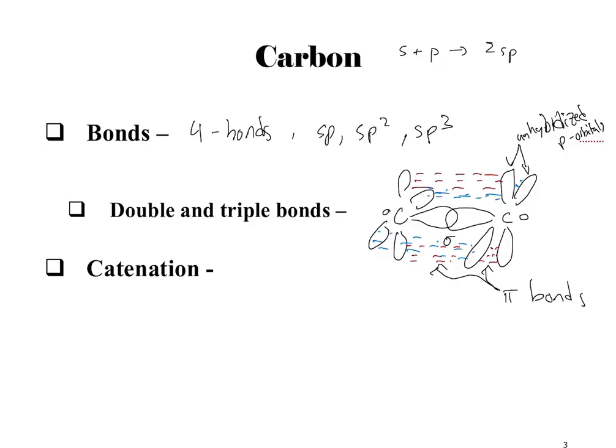Right, so this would be an sp hybridized carbon because we have 2 hybridized sp orbitals and then 2 unhybridized p orbitals. I only have 1 sp orbital drawn here, but we also have another one that goes in the other direction. So the sigma bonds are how we form the single bonds with other carbons and other atoms. The unhybridized p orbitals are how we form double and triple bonds.